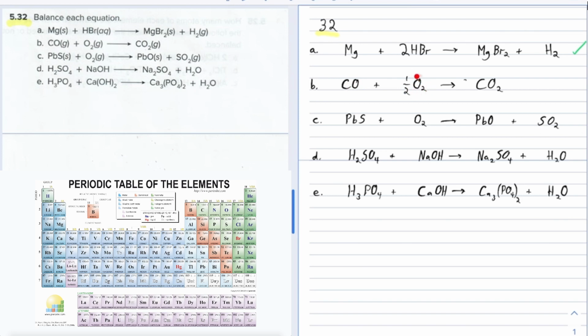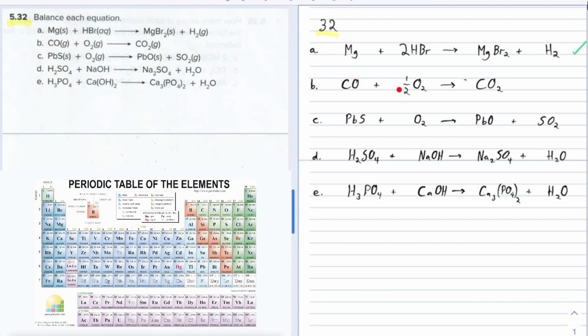Okay, you see, when oxygen's by itself, if everything else is balanced, you can always balance the element that's by itself by adjusting the coefficient on that element. Now this doesn't work because we want whole numbers, but all I do is multiply everybody by 2.